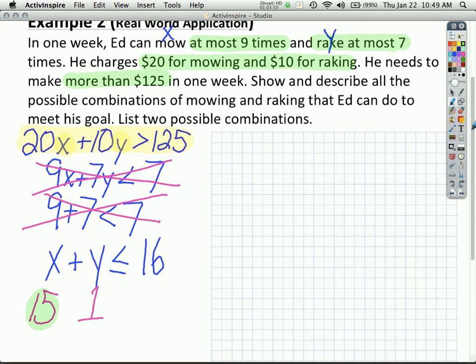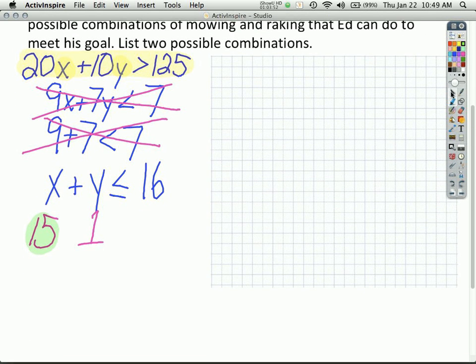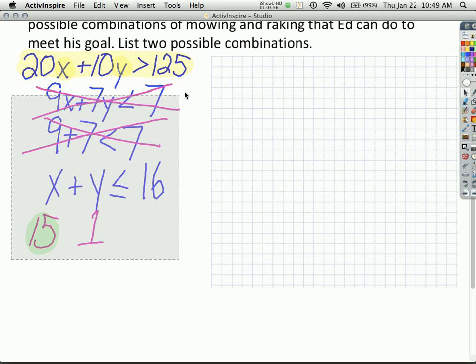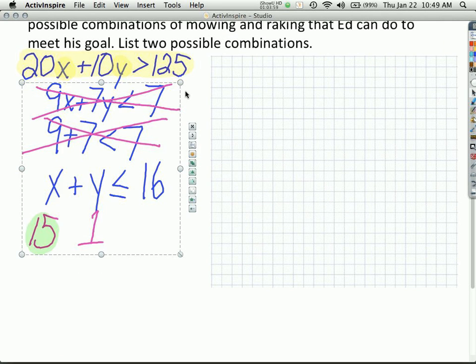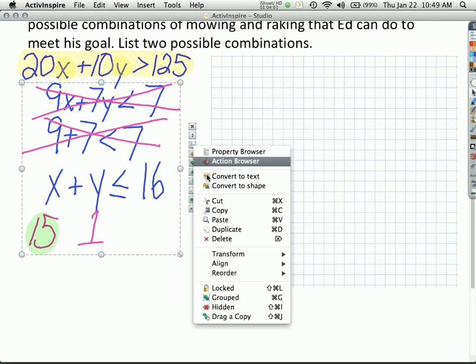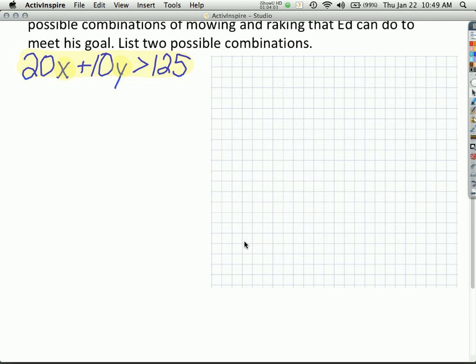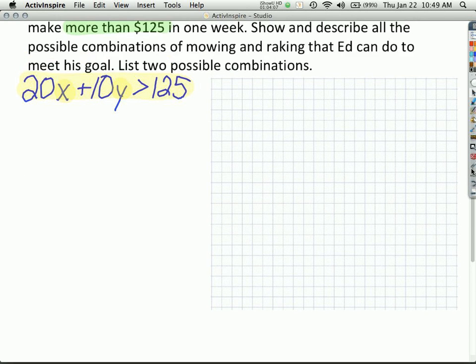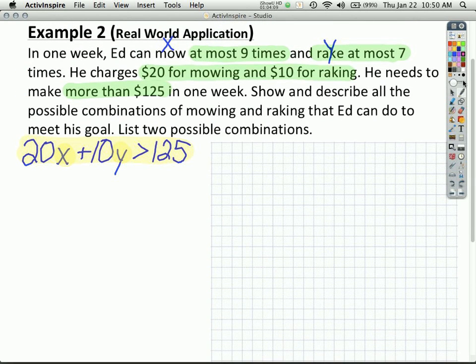I would never have expected any of my classes, even though they are Algebra 1 honors, to figure out what this was supposed to be because you don't have enough experience to lead you to it. But now you will.